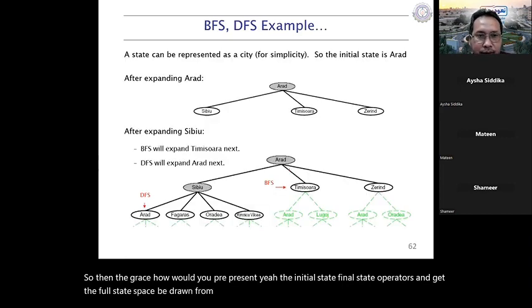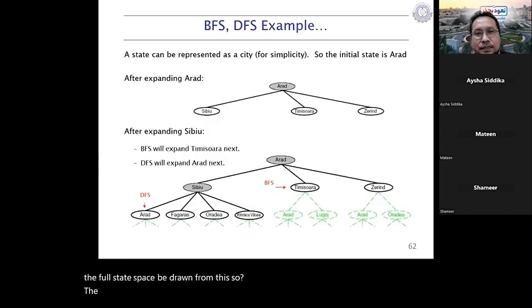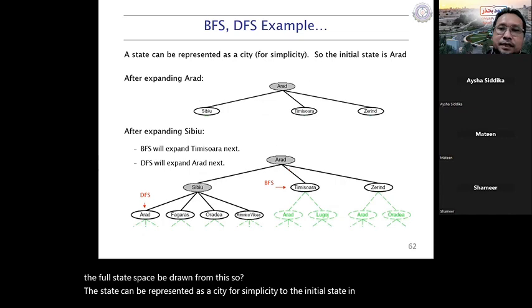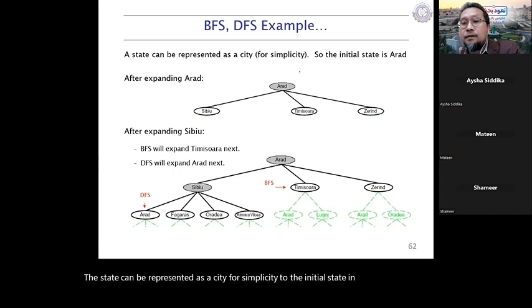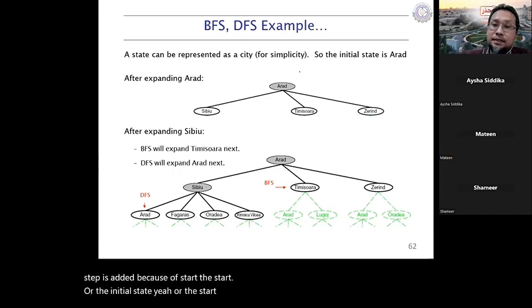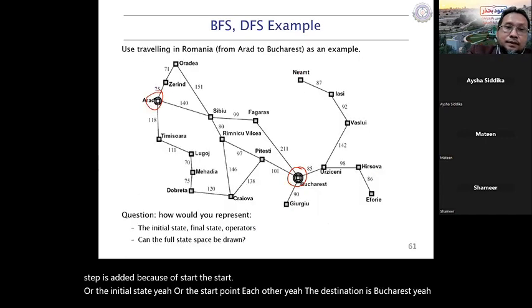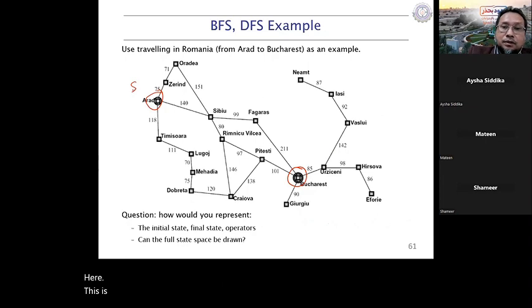A state can be represented as a city for simplicity. So the initial state is Arad, because that is the start point. The destination is Bucharest. This is the start. This is the goal.